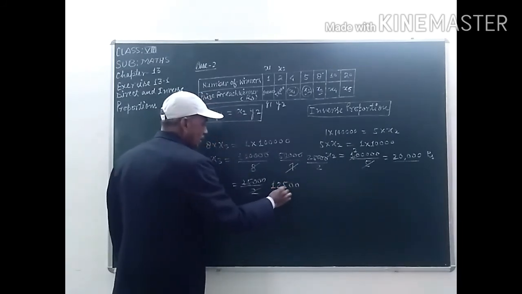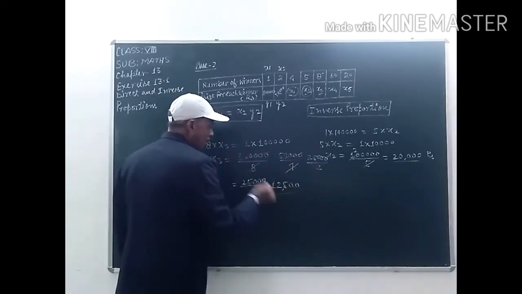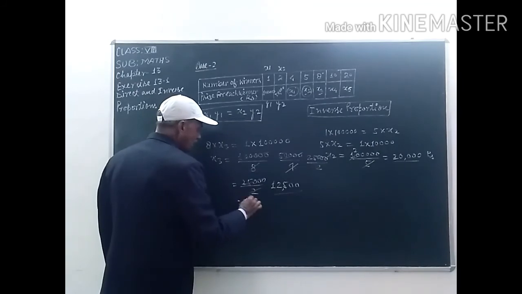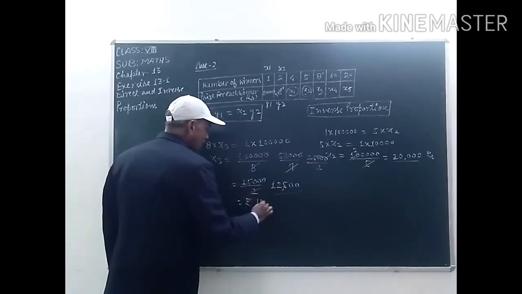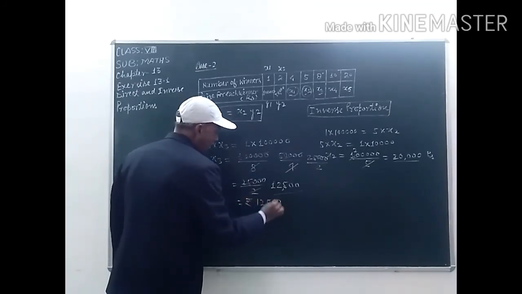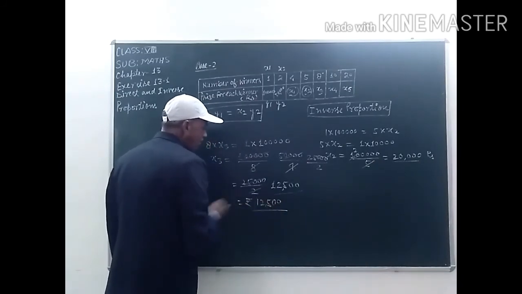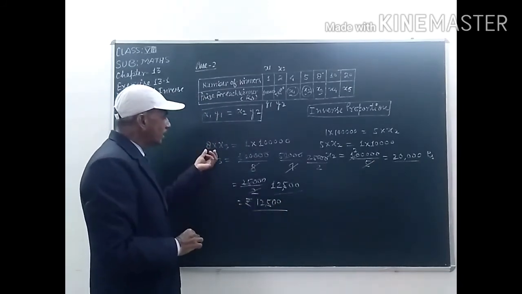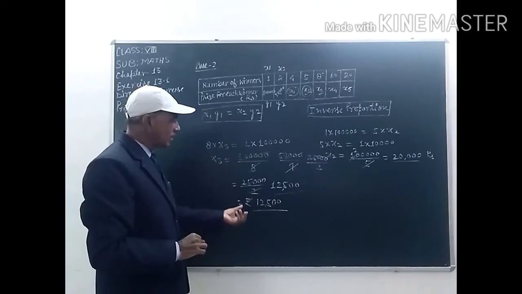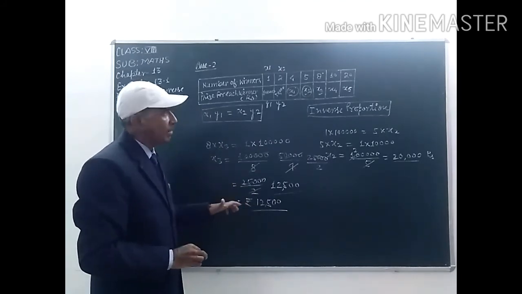So this is 12,500 rupees. If the number of winners is 8, then each will get rupees 12,500.